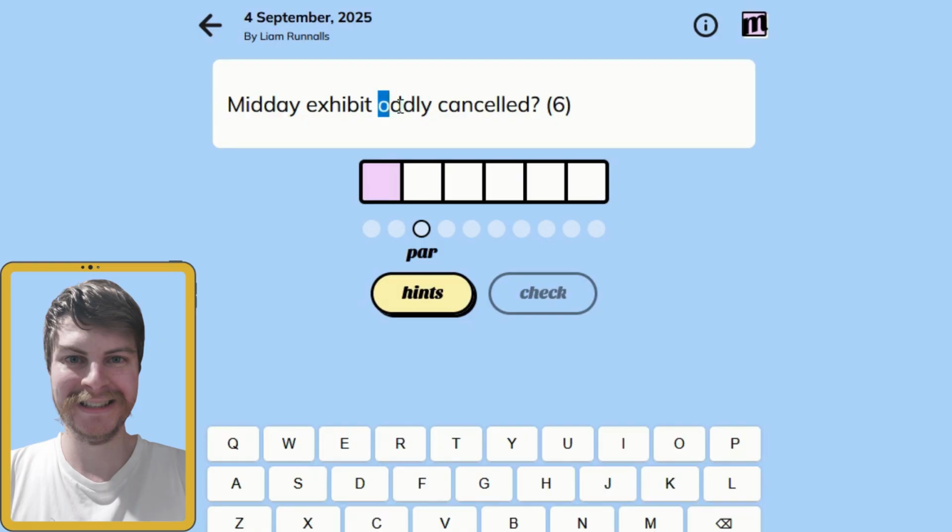Because oddly is telling me to take every second letter. If that's the case, it could be A, C, L, E, but again, that doesn't help.